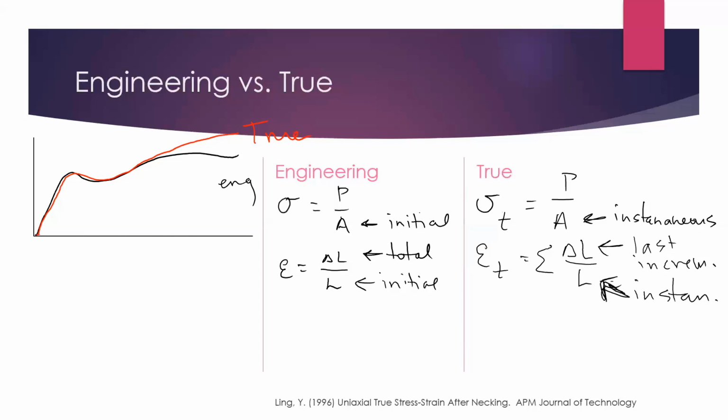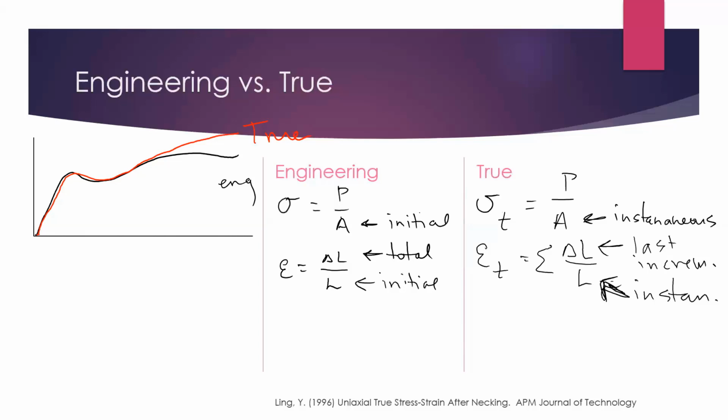So for each loading step, each tenth of a second, you would calculate the change in length over that tenth of a second and divide it by the instantaneous length, the length at the beginning of that tenth of a second. Then you sum them all up through the loading protocol to get your total strain. It's a lot more difficult computationally, so as engineers we don't do that, but that's the true value of strain.